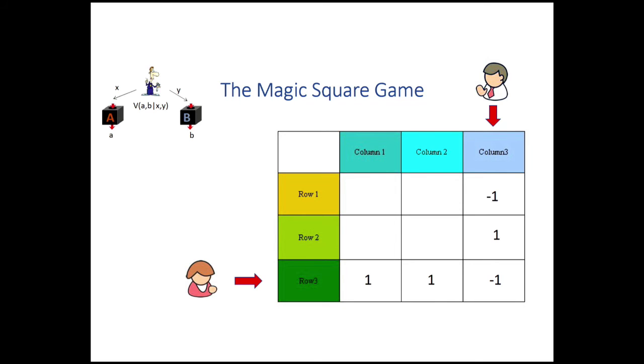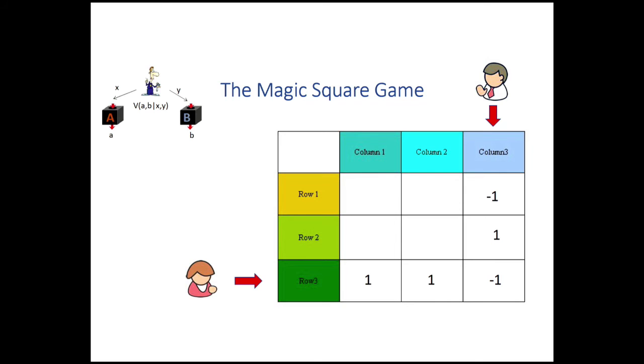And the constraints on these answers is that the product of Alice's answers always has to be negative, and the product of Bob's answers always has to be positive. And the referee will also check that the intersection box, there's always an intersection box between every row and column, that they agree on that intersection. Okay, so that's the magic square game.